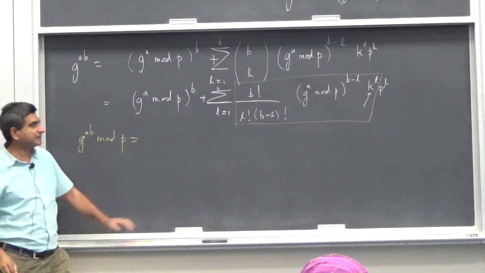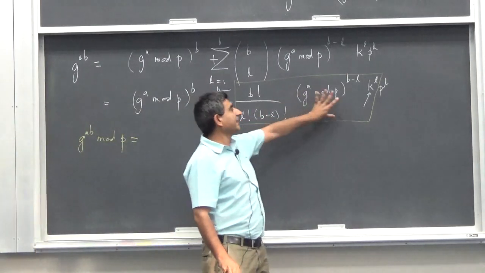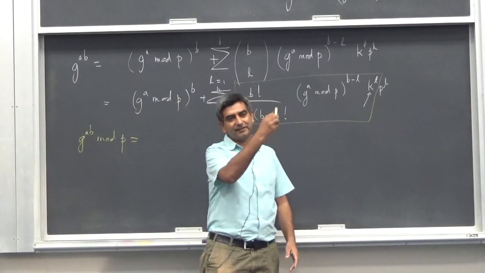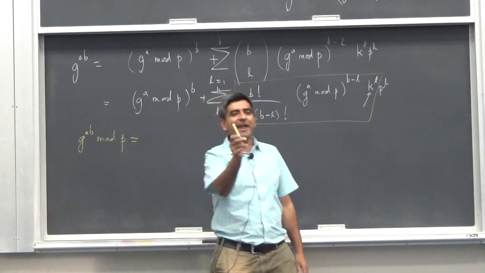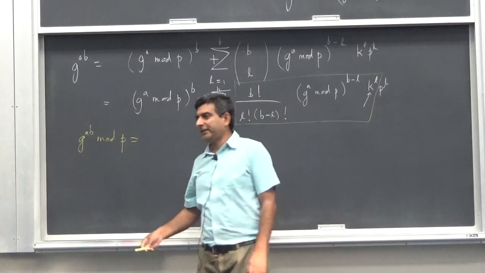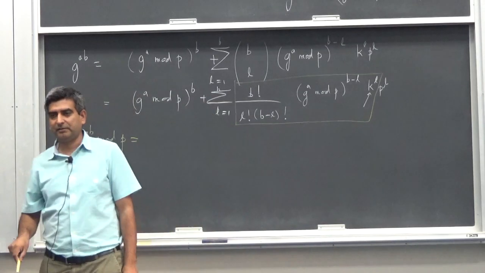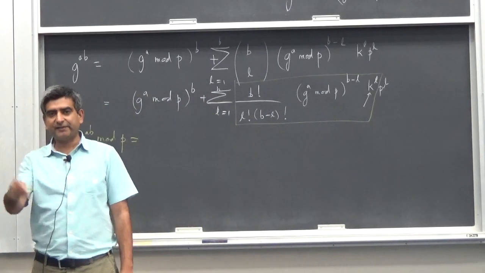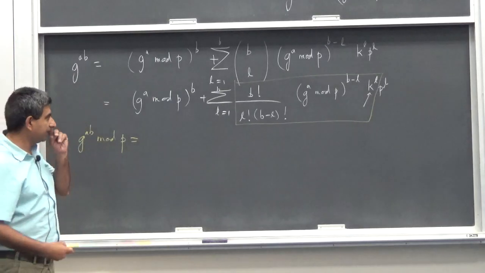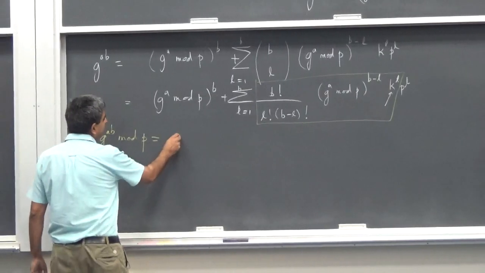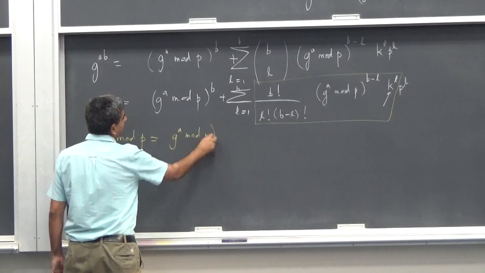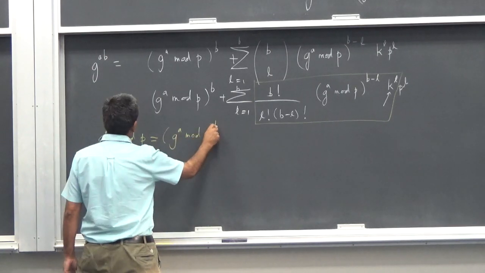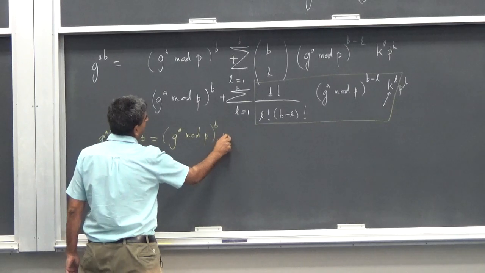It must be 0 because this is some, say, 175 times P^L, 175 times L multiples of P. It's divisible by P. P completely divides this term. So this is 0 and I'm left with (G^A mod P) raised to power B, mod P.